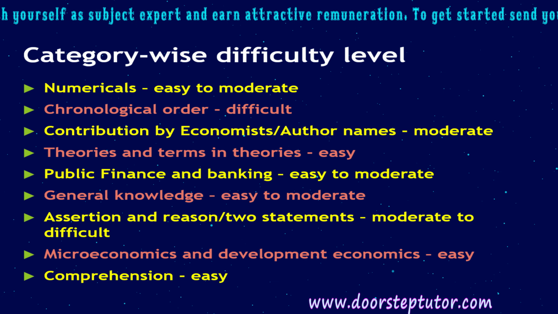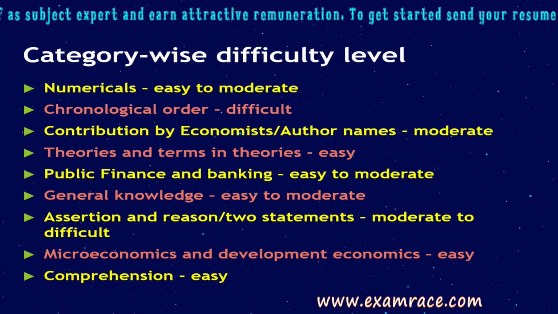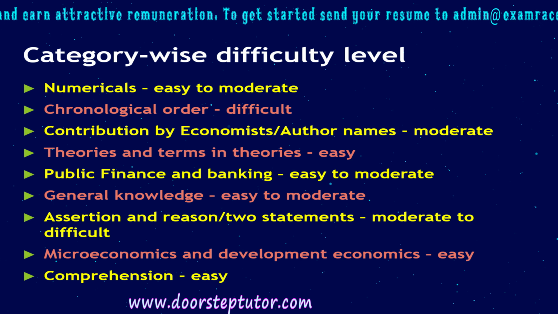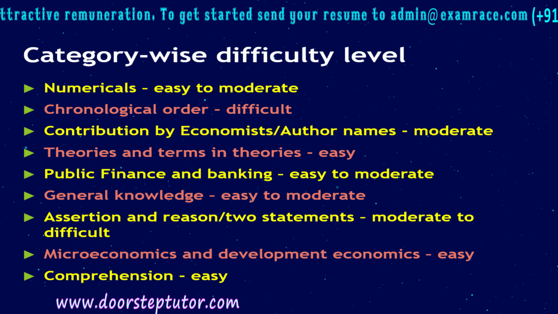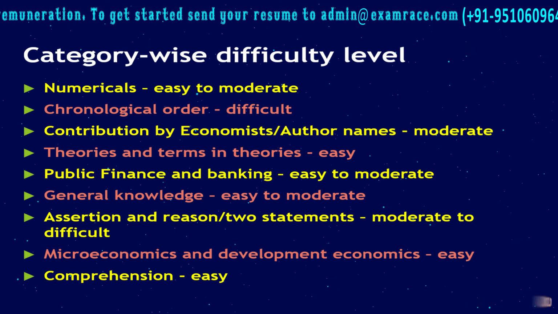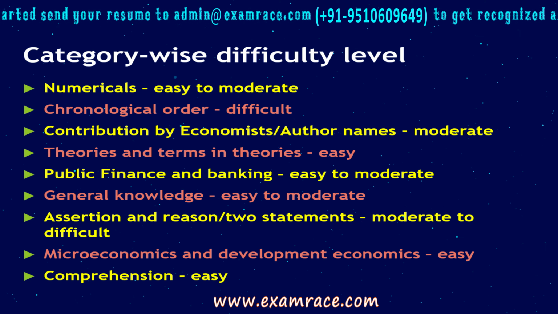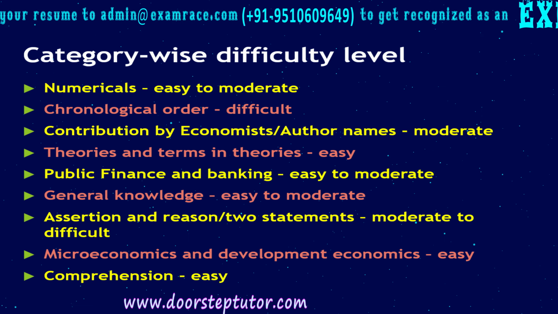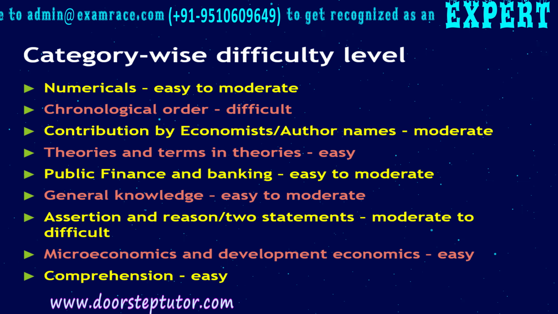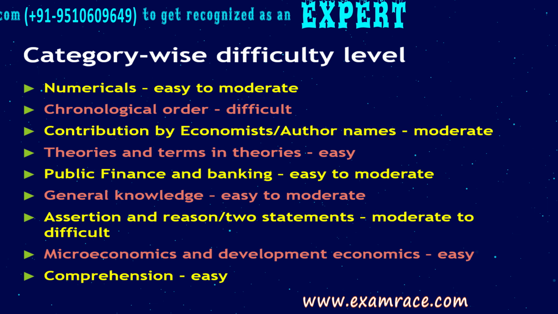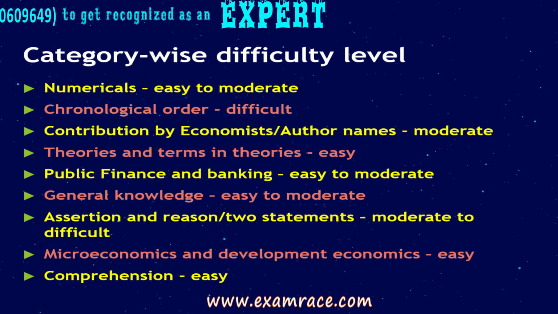Either one of them was true, either both were false, either both were true. So those questions were basically based on IPR or TPR. IPR is intellectual property rights, and TPR is trade policy review. Then there were questions on Coase theorem also. So these were all assertion, reason, and two statement type questions.